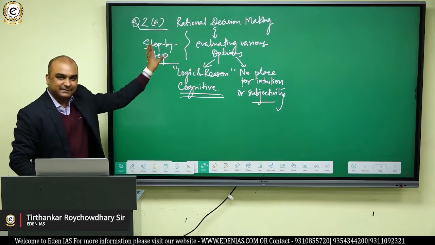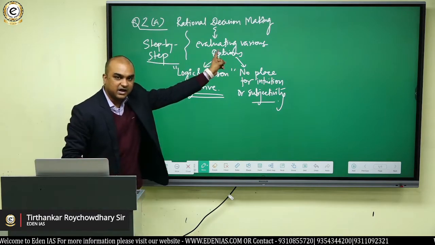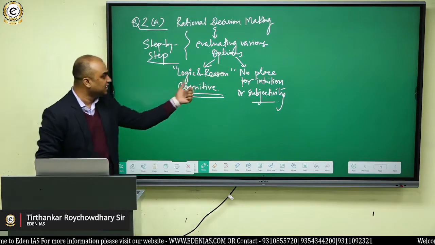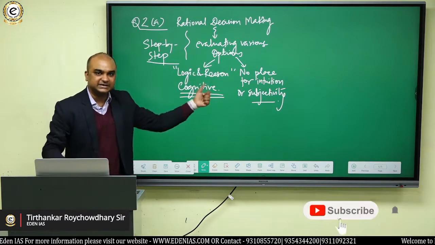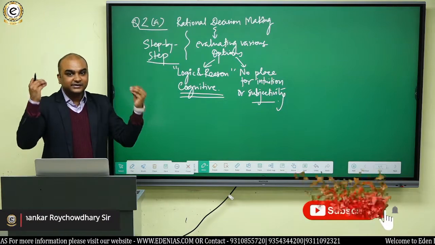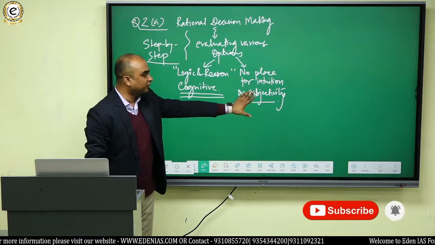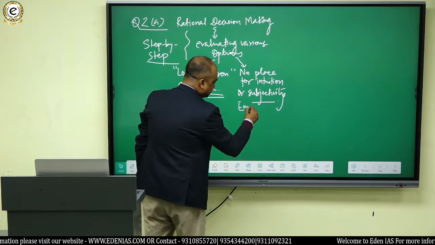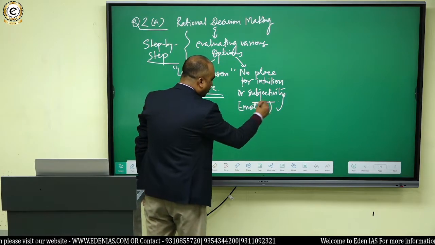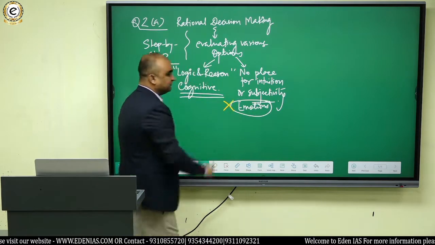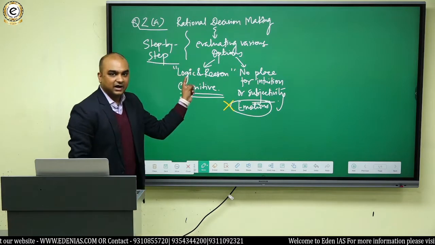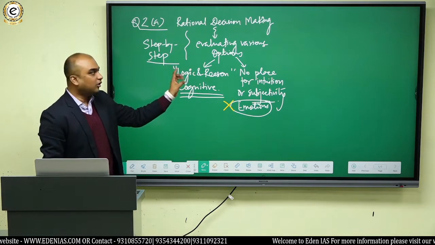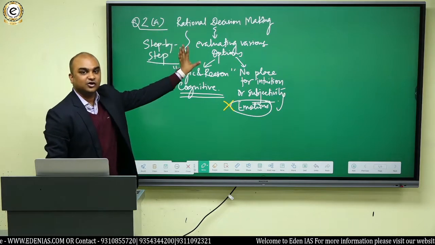Therefore, it's a step-by-step process, and while we are evaluating the various options, we use logic and reason. It means our cognitive abilities. There is no place for intuition or subjectivity. It means emotions are not given any weightage while we are making decisions on the basis of reason or logic.